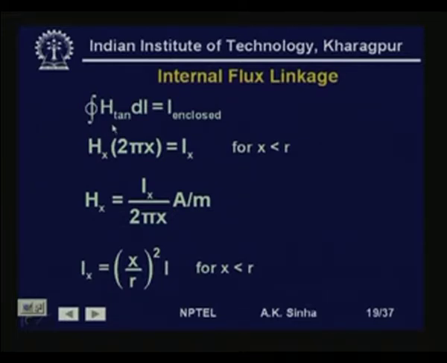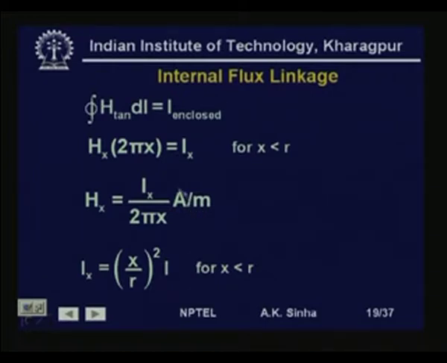So, H x the tangential component of H is H x and integral dl over the contour is twice pi x. This is equal to I x for x less than r. From this relationship we can calculate H x is equal to I x by twice pi x ampere per meter.